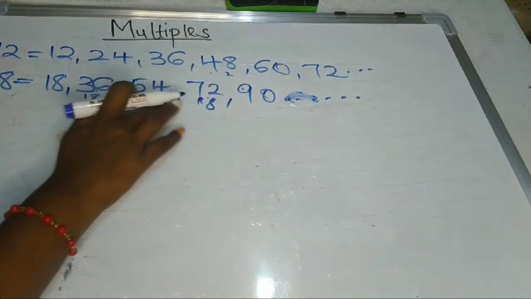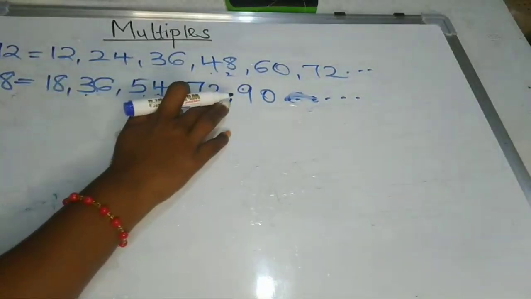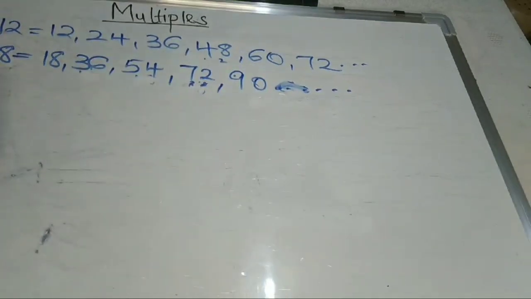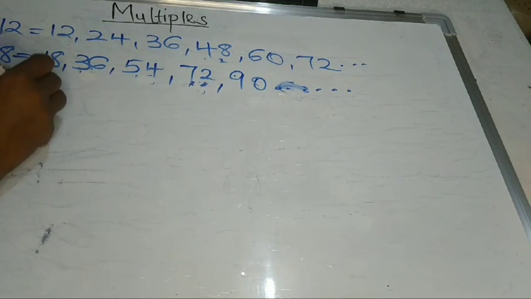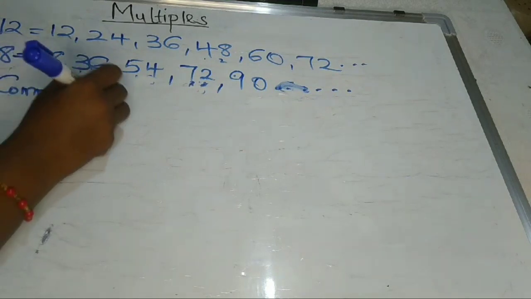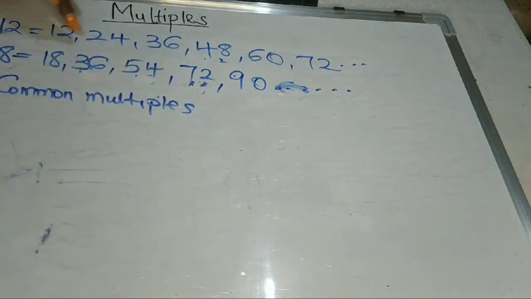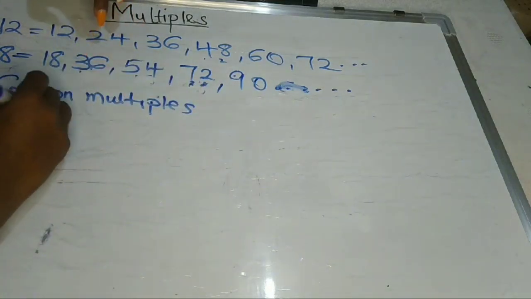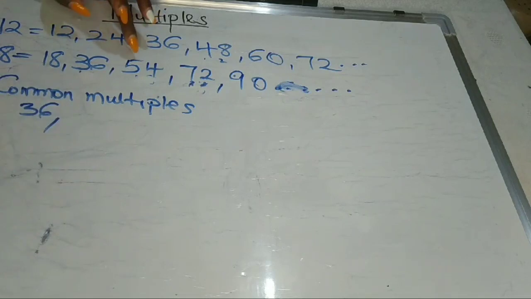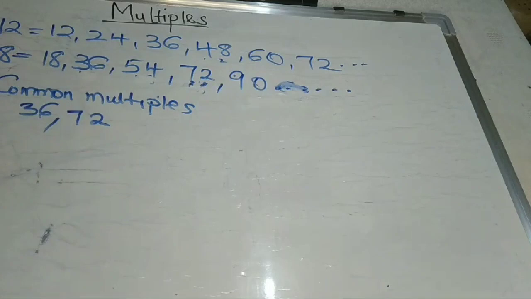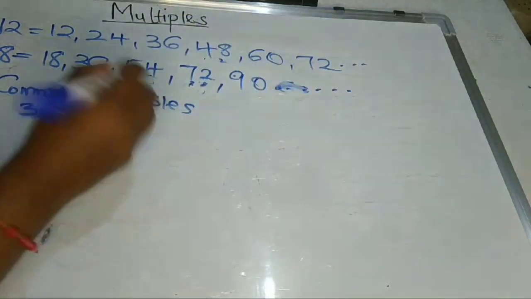Now, we are looking at the multiples that are in both 12 and 18. They are common in both 12 and 18. So the common multiples are 36, 72, and so on and so forth.